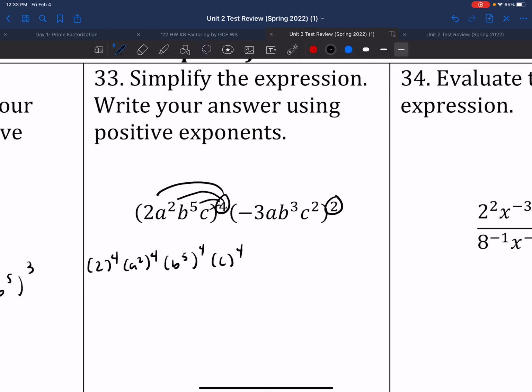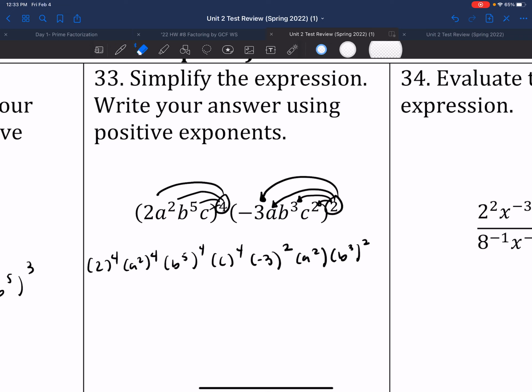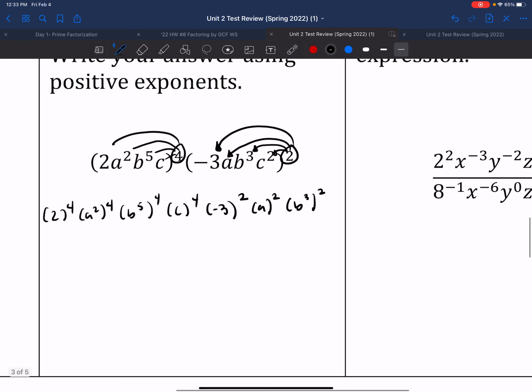I have this 2 floating up there, and I got to distribute. So -3 squared and a to the second power times b to the third power squared. Actually, that should be a squared. And then now I'm left with c squared raised to the second power.